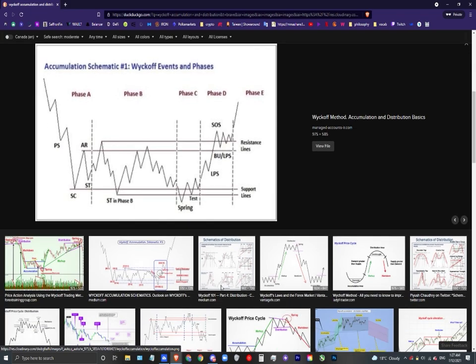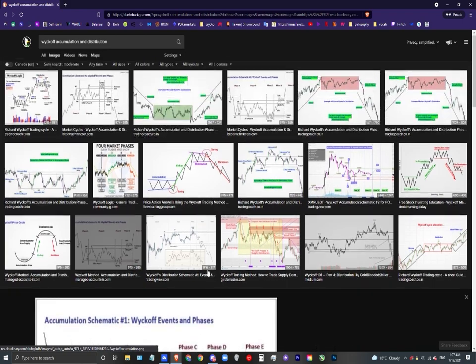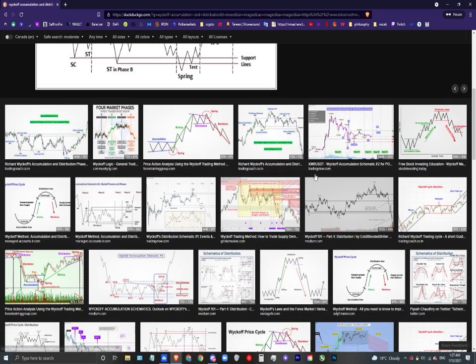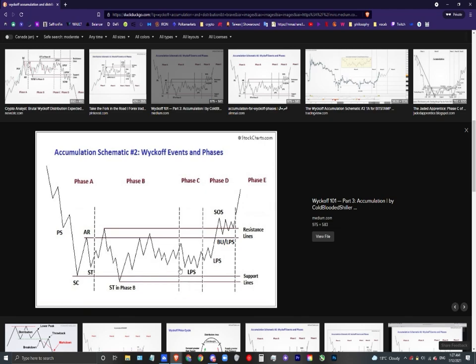A lot of accumulation models don't actually have the spring inside of them. Like if you just take a look at here, right? You could actually say this is the spring, right? But they label this as a secondary test in phase B. But this could act as a spring.